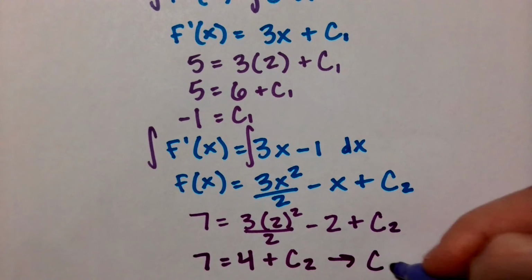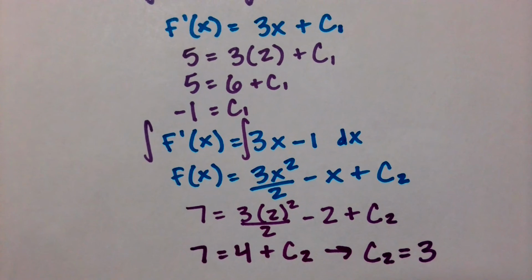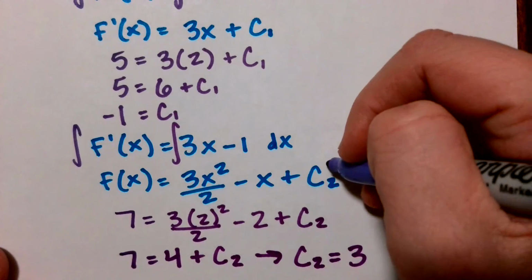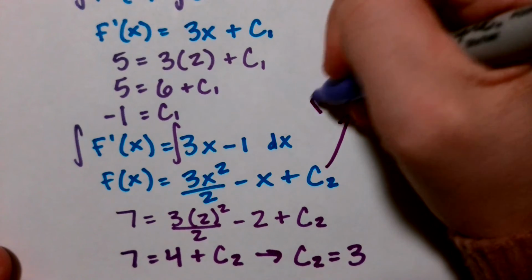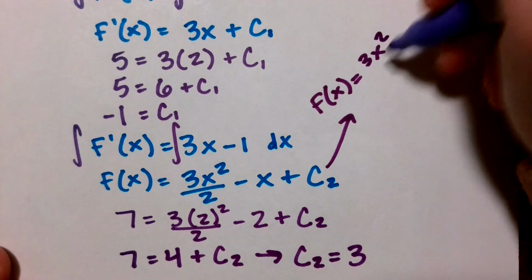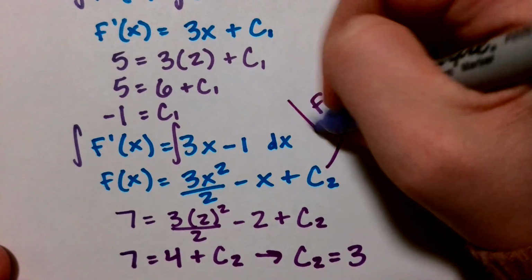So we end up with c sub 2 equaling 3. And then that is going to bring us to our final answer, coming back to the function that I had right here. I'm running out of room because there's something underneath this. Where our final f of x is going to equal that 3x squared over 2 minus x, and then plus 3.